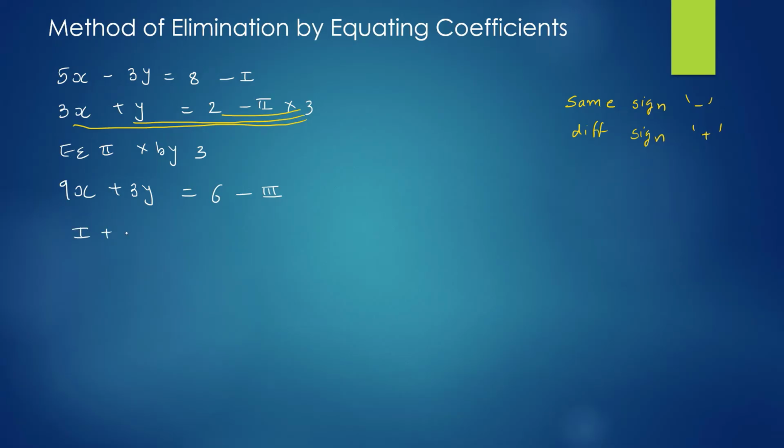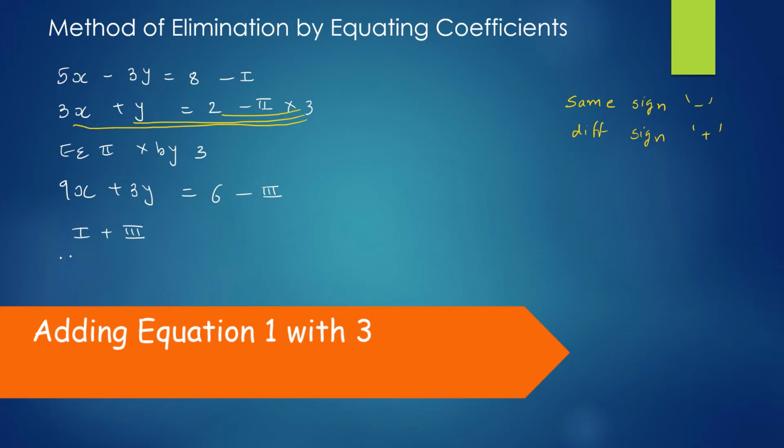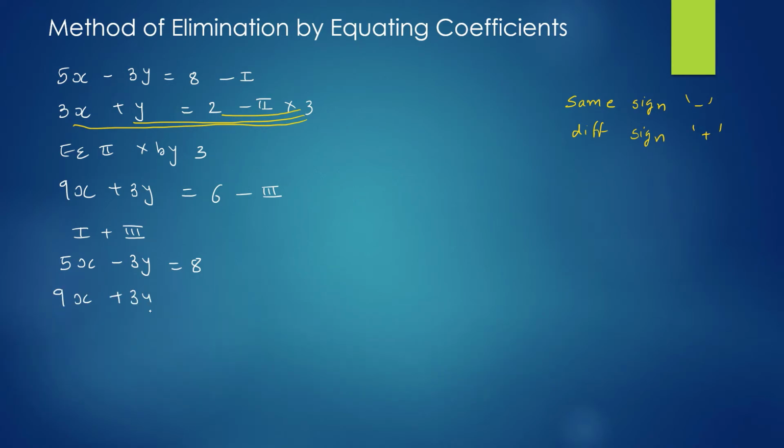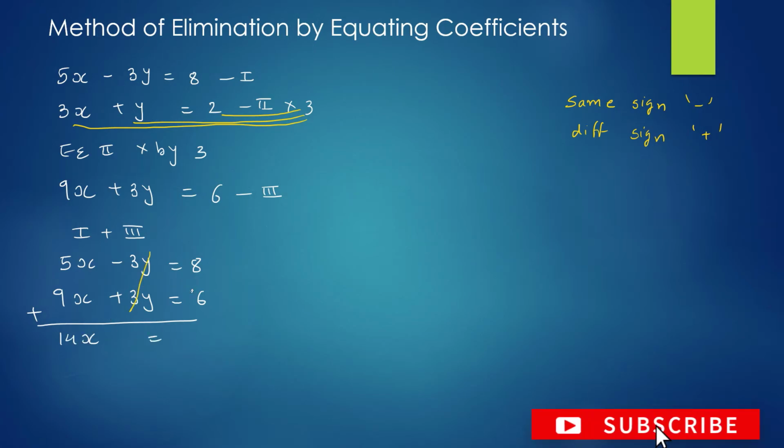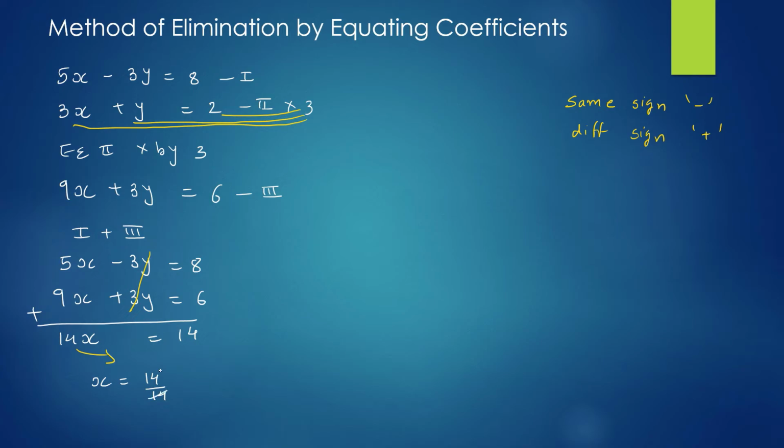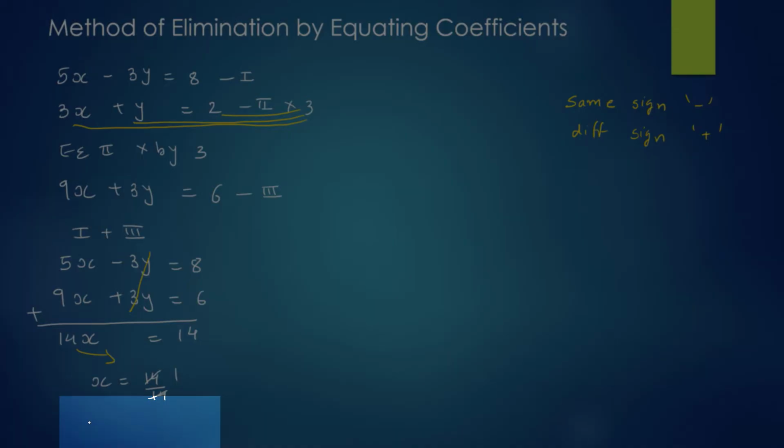So adding 1 with 3: 5x minus 3y is equal to 8, 9x plus 3y is equal to 6. 5 plus 9, 14x; minus 3y plus 3y will get cancelled, and 8 plus 6 is equal to 14. 14 will go to the divide side, so x equal to 14 divided by 14, 14 ones are 14, so the value of x is equal to 1.